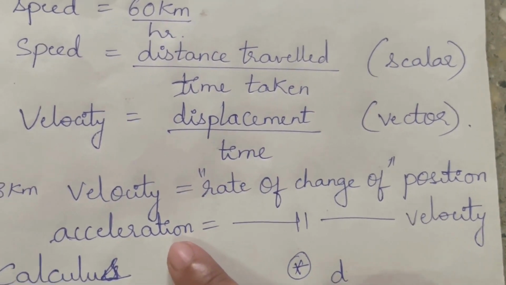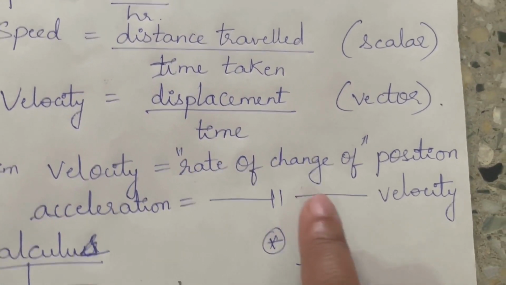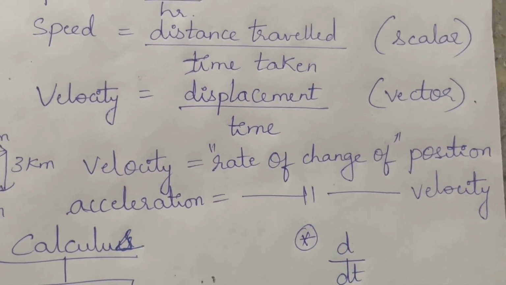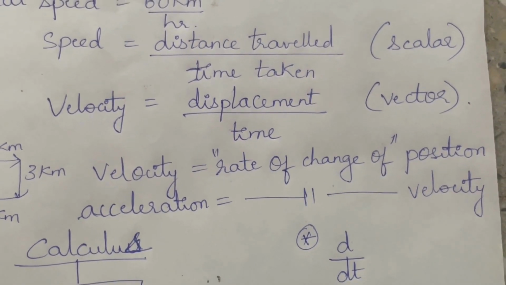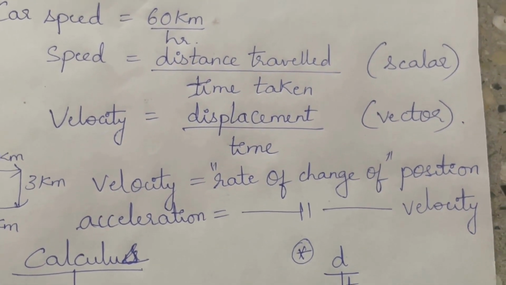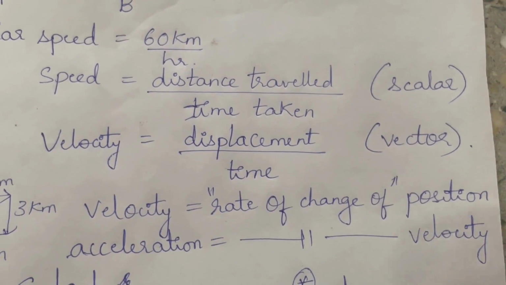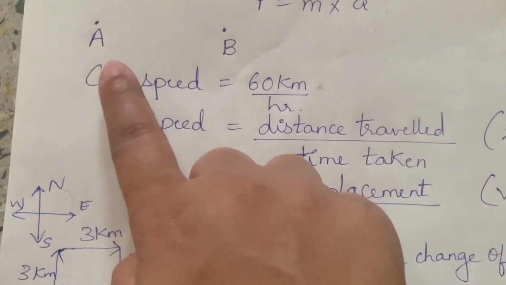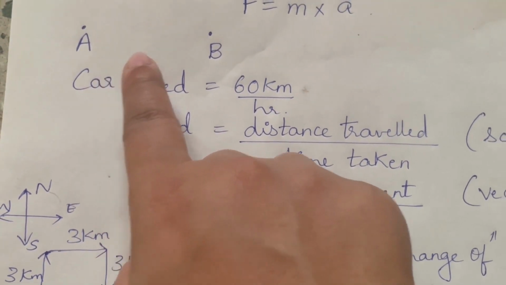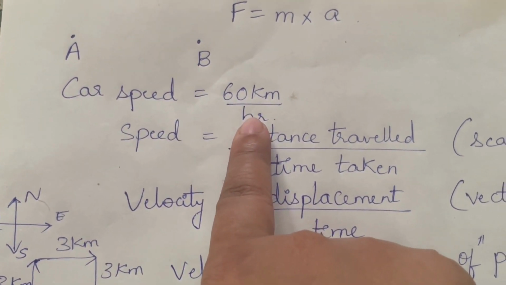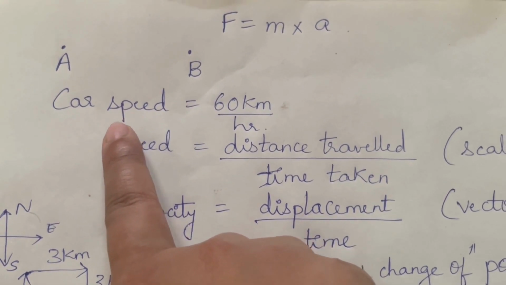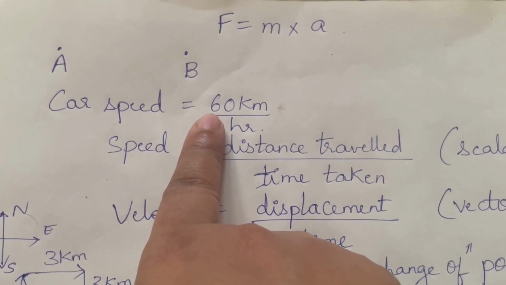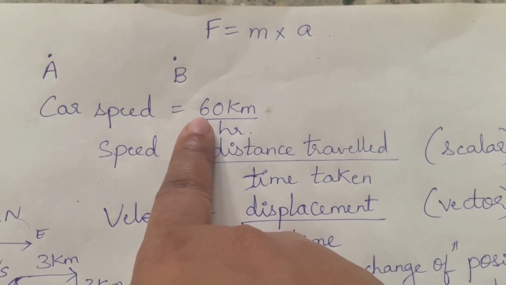Acceleration is the rate of change of velocity. Now don't be scared by all these new terms. They just sound complex. They are not really. If you just try to understand, everything will become very clear. So, if this car is going at a constant speed of 60 km per hour, that means the first hour it traveled 60 km, the second hour also it traveled 60 km, the third hour also it traveled 60 km.